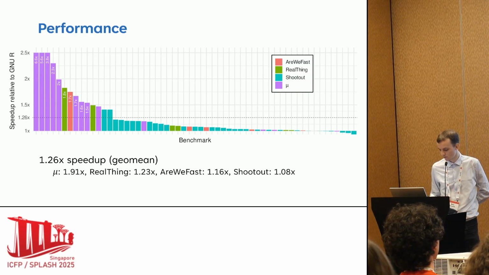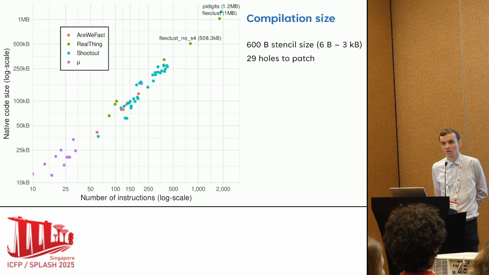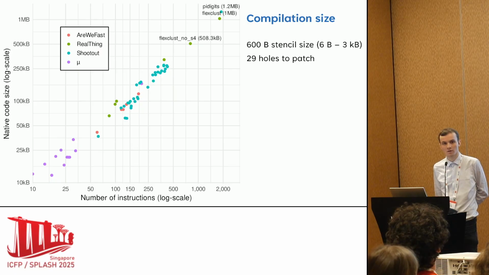I guess you said it's 6 bytes to 3 kilobytes. The bottom line is the number of bytecodes. R doesn't have a JIT besides the bytecode compiler. I misunderstood. This is really a horrible blow up of size. Yes, because if it's 1,000 bytecodes, you get 500 KB. Right. Yes, it's very fast. Okay, thank you.